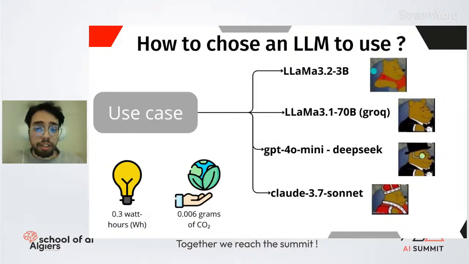And the bear here is unhappy because it's obvious that the smallest LLM won't generate good Cypher queries. And then you think directly of using Groq because it is free, but in this case, you are really rate limited.